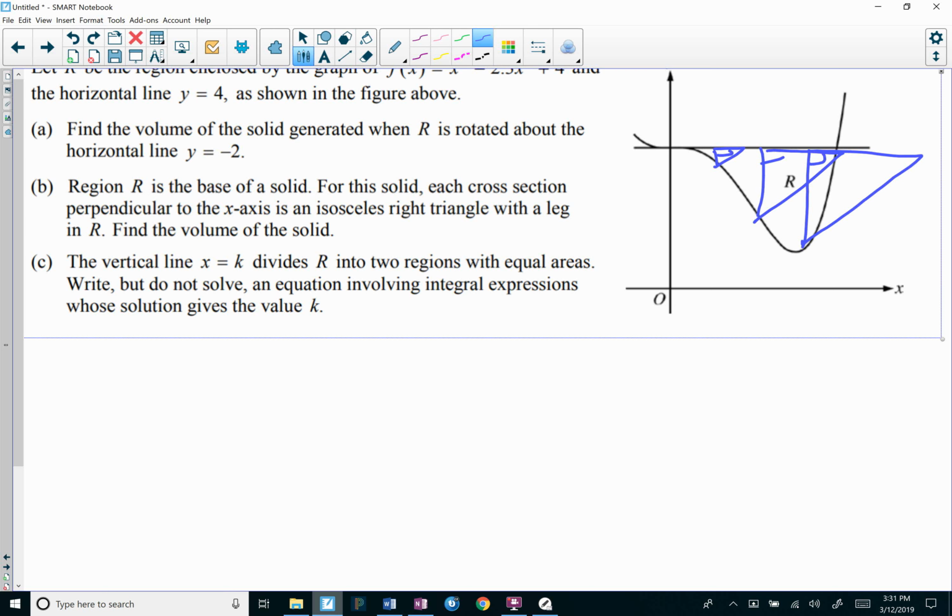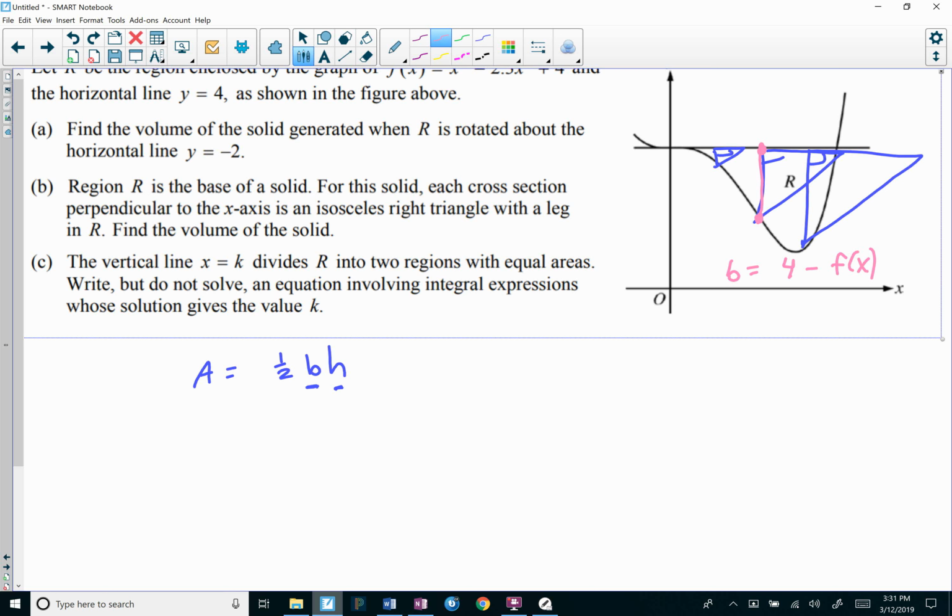Okay, so we know the area of a triangle is 1/2 base times height. It just so happens that our base and height are the same because it's an isosceles triangle. So looking at my picture, the base goes from that line of 4 to f of x. So that side, the base, will be 4 minus f of x.